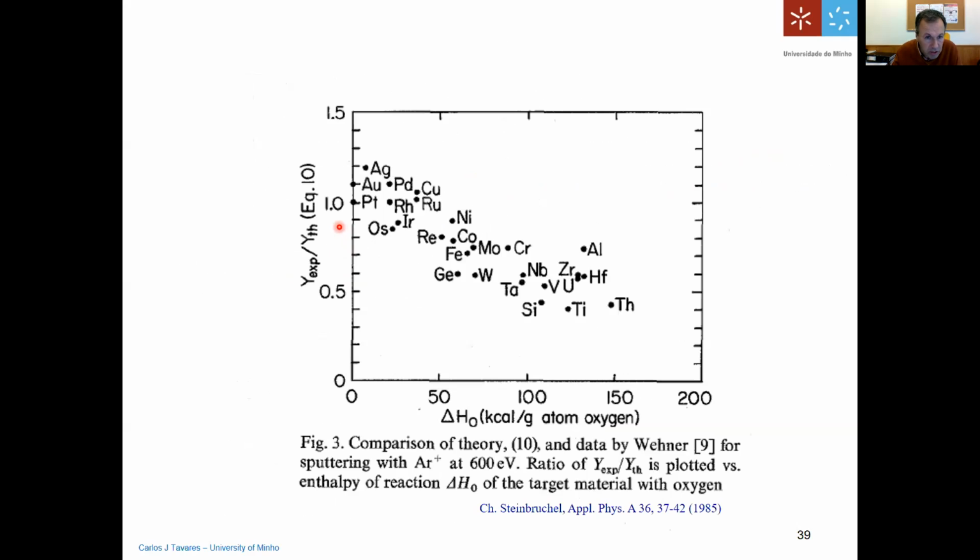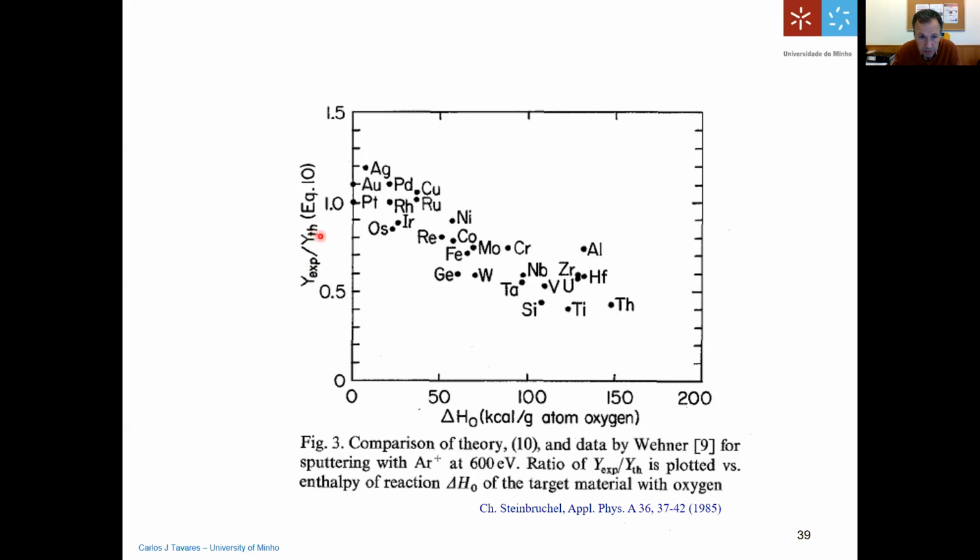For example, here you can see the prediction of the sputtering yield. It's actually the experimental sputtering yield divided by the theoretical sputtering yield.